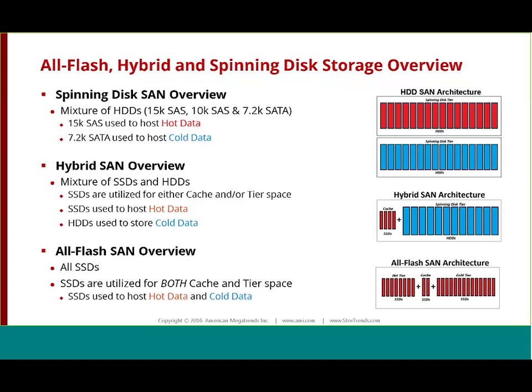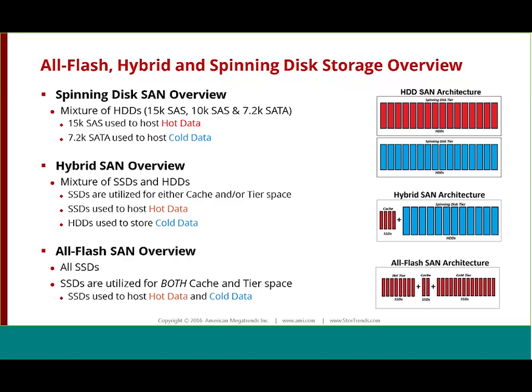Hot data is the data that's being written and rewritten from the applications and the users into the SAN array. So hot data could be a small portion of your overall capacity. Let's just say, for instance, that you've got 30 terabytes of used capacity in your array. You may only be using 1 terabyte of hot data, 2 terabytes, 3 terabytes.